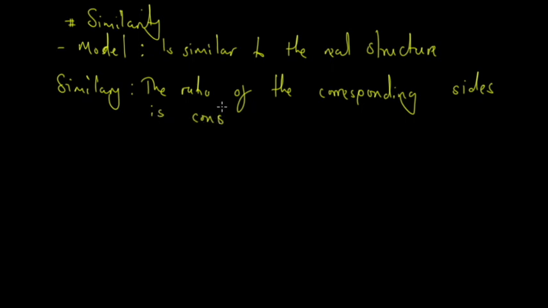Okay, this was supposed to read similarity. Now you know by now, I think, that I'm very lousy at spellings. So two conditions: the ratio of the corresponding sides is constant, and the angles are the same.